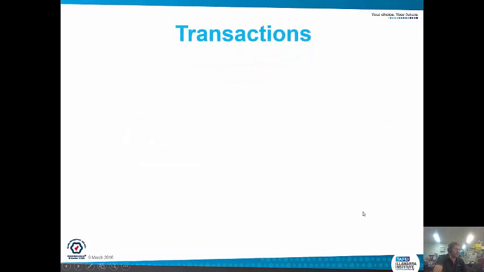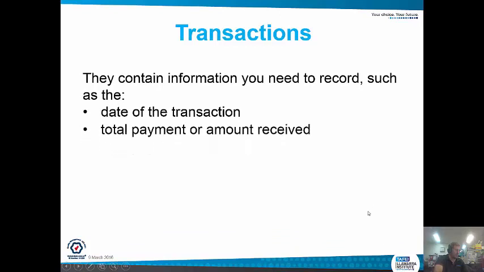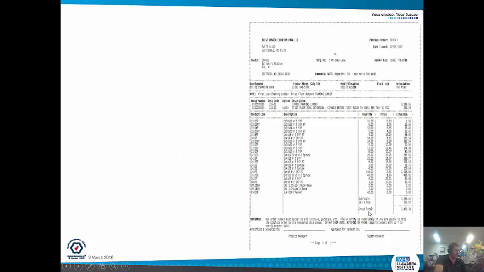Okay, and there's others. They contain information you need to record, such as the date of transaction, total payment or amount received, amount of GST, and there is an example there. Okay, so just for a purchase order, the total amount of materials and a total price at the end.